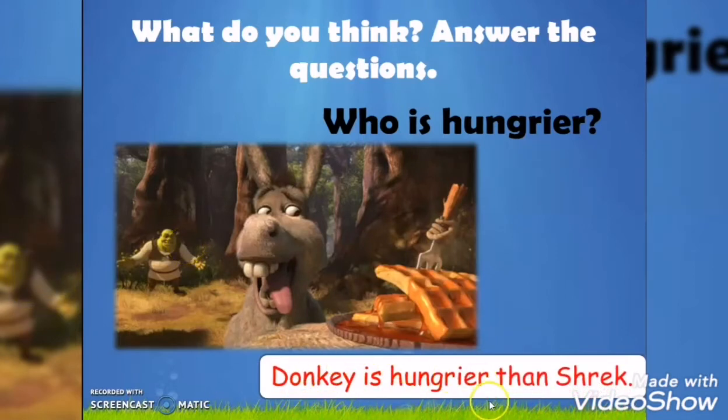Donkey is hungrier than Shrek. Hungry ends with Y. Because it ends with Y, I cross the Y, and instead of the letter Y, I add IER. We know the rule is to add ER to the adjective word, but because hungry ends with Y, I cross the Y and I add IER instead.